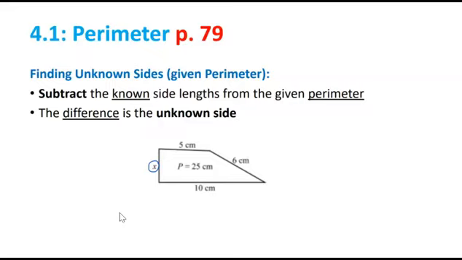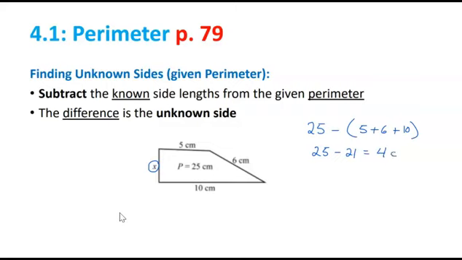So the way to solve this is you could either take 25 and then subtract 5, subtract 6, and subtract 10, which would go very quickly on your calculator. Or you can take 25 and you can subtract the combination of those. So you could add 5, 6, and 10 to get 21, and then you would subtract that from 25.